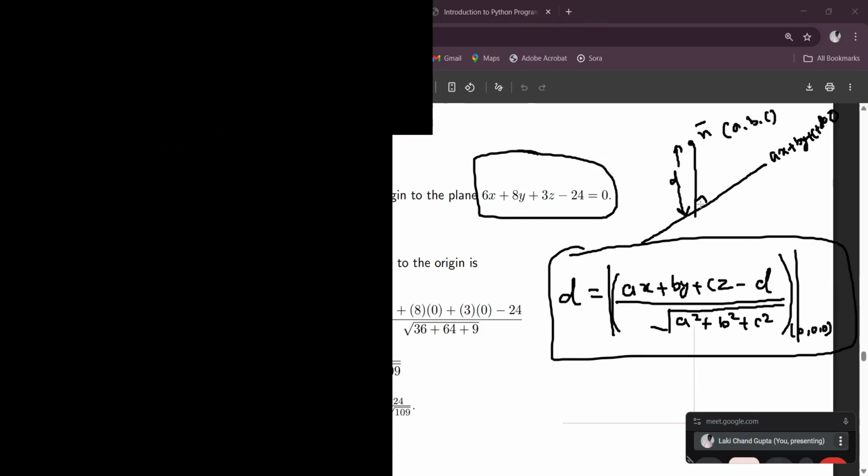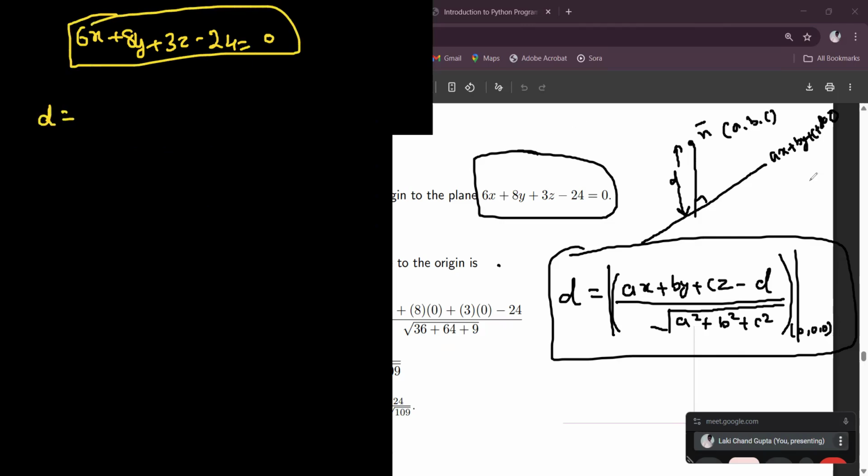This is the formula for finding from origin actually. If you are not finding from origin, then don't put 0 0 0. So you have 6x + 8y. Suppose you want to find the distance of this from origin, right?